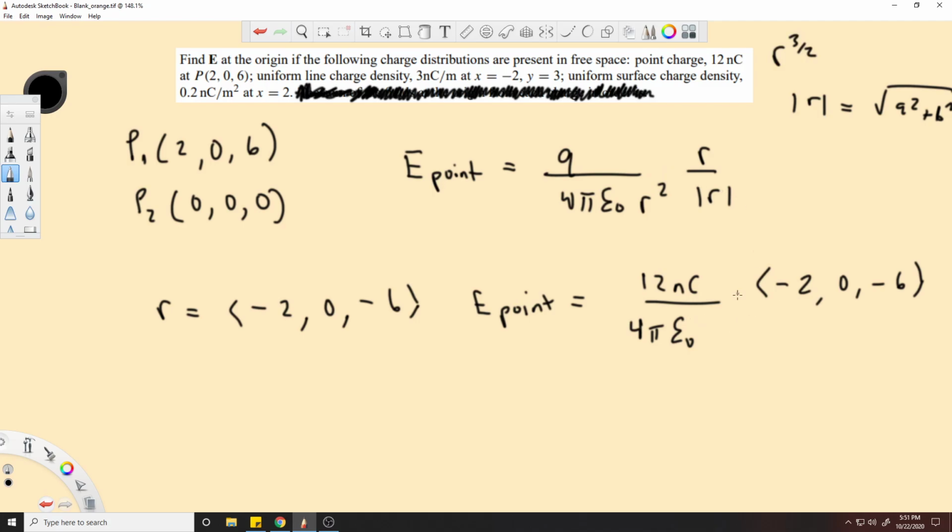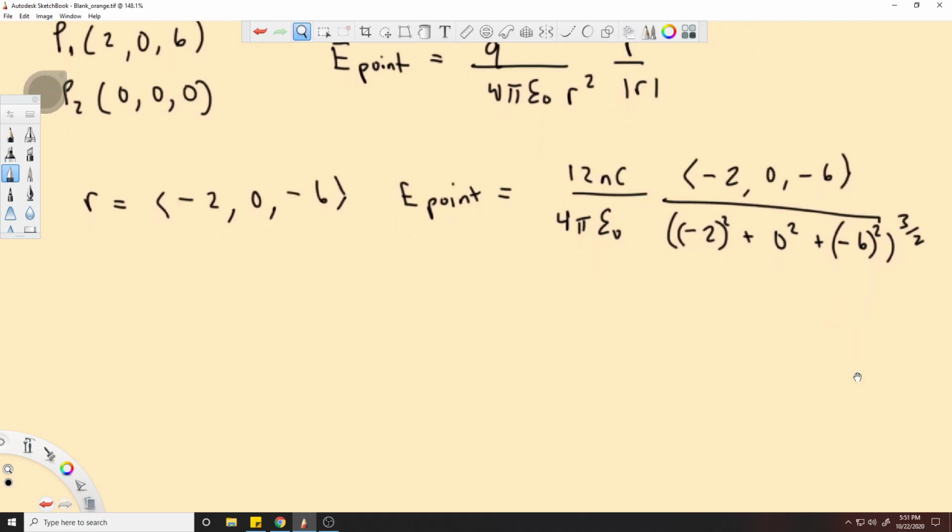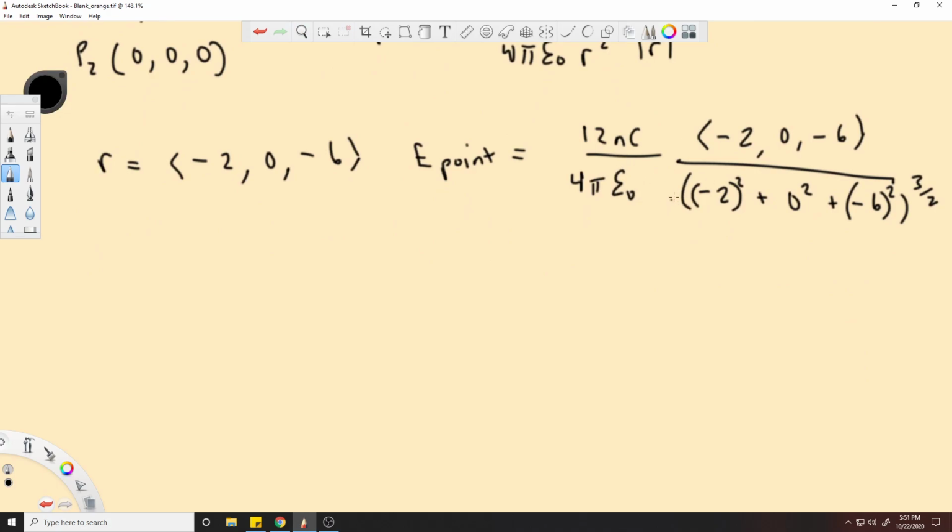You've probably seen this before, so this will be negative 2 squared plus 0 squared plus negative 6 squared, and these negatives are inside like that. And this whole thing is to the 3/2. Okay, so you just do your arithmetic here.